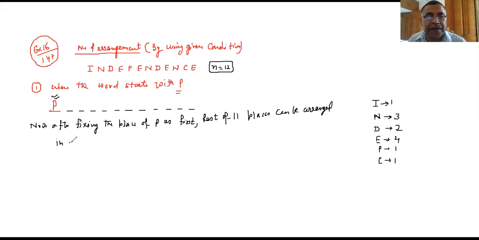Now see, you have n, how many are left here? 11. So that means this is 11 factorial divided by, now out of these 11, how many things are repeating?